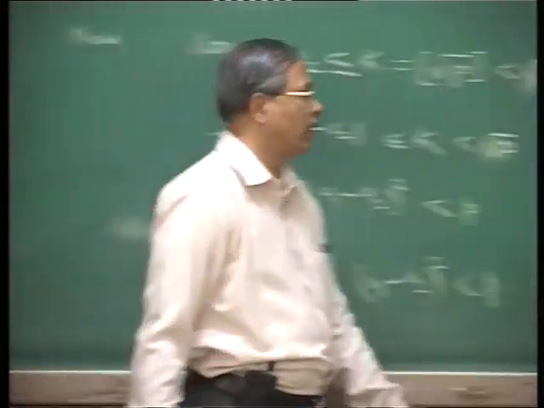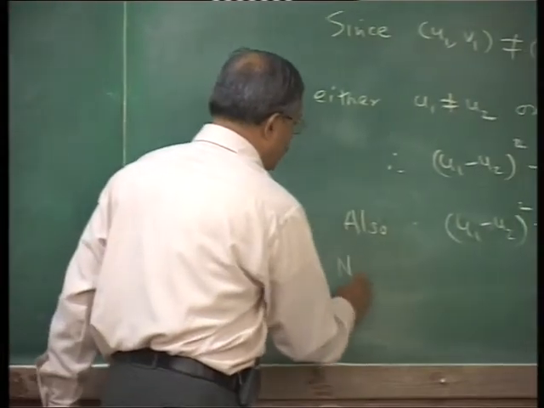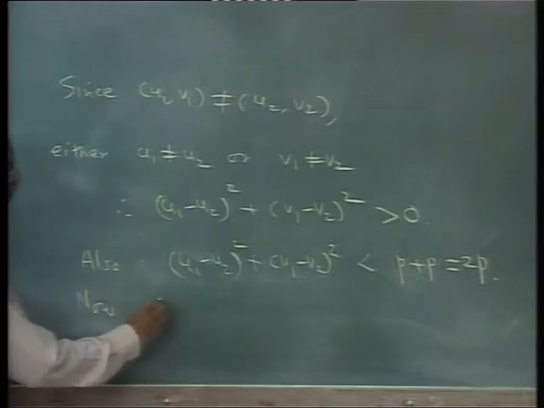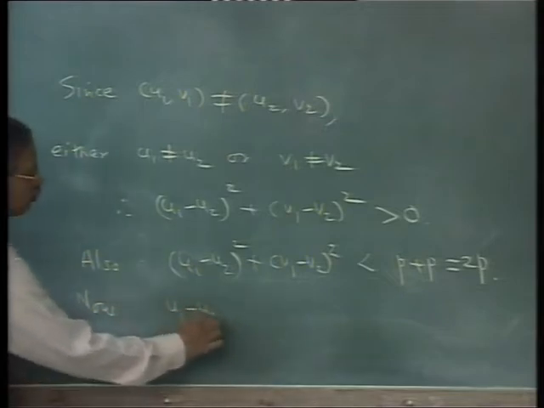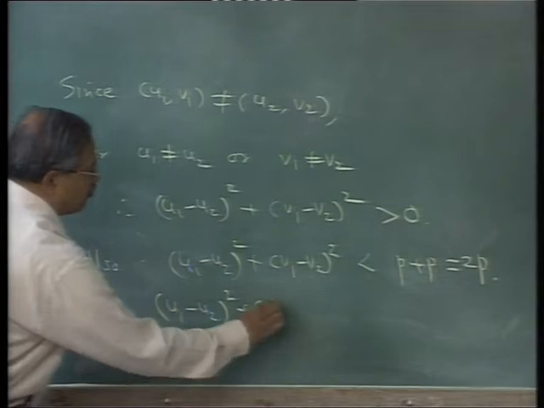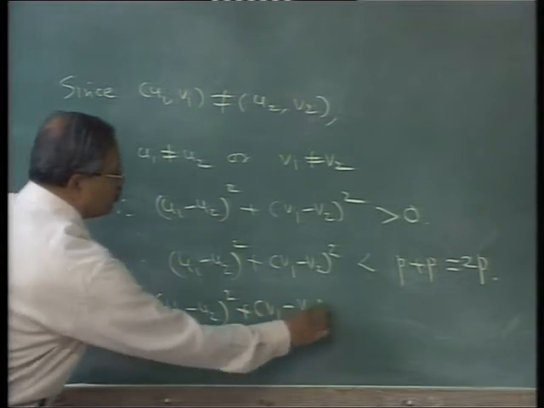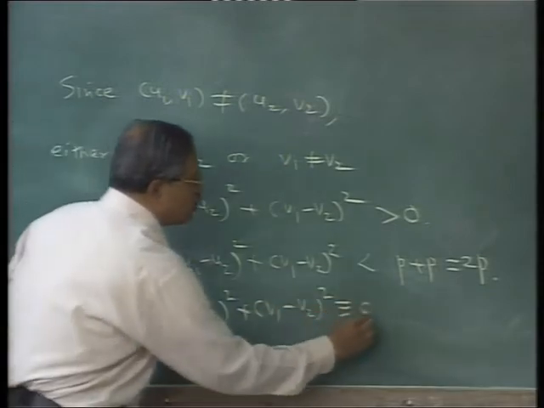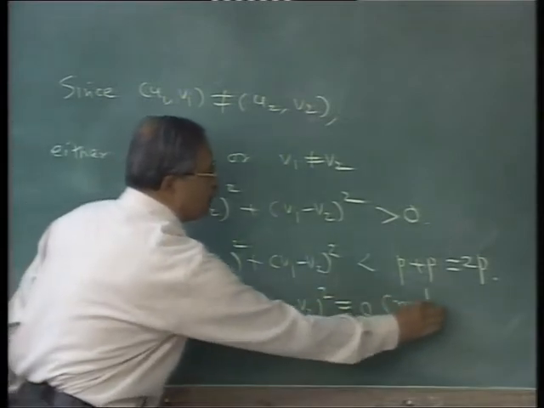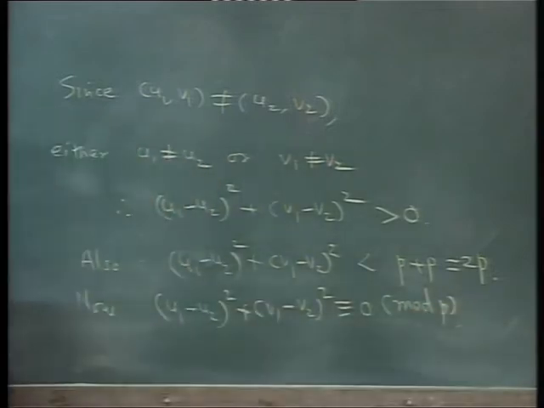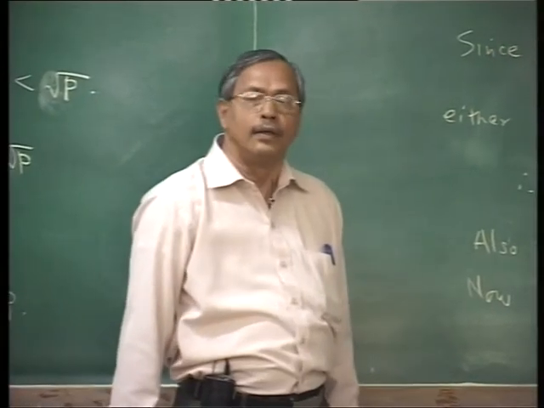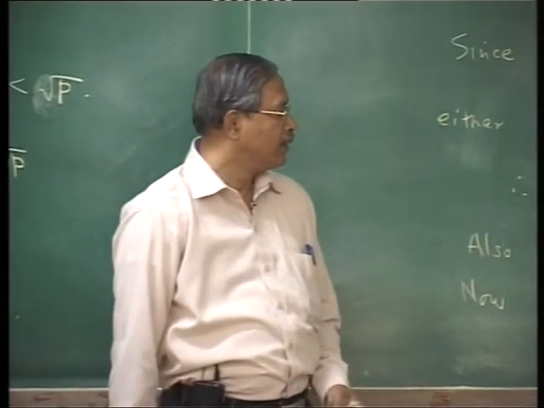So now (u1 minus u2) square plus (v1 minus v2) square is congruent to 0 mod p. If it is congruent to 0 mod p, then what can it be?